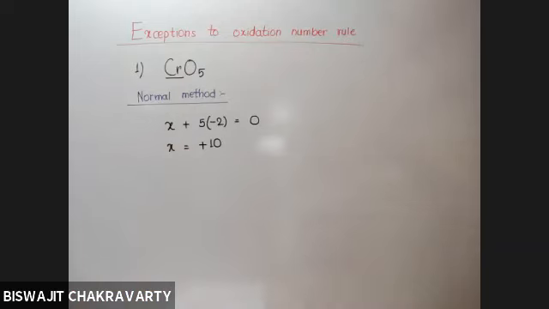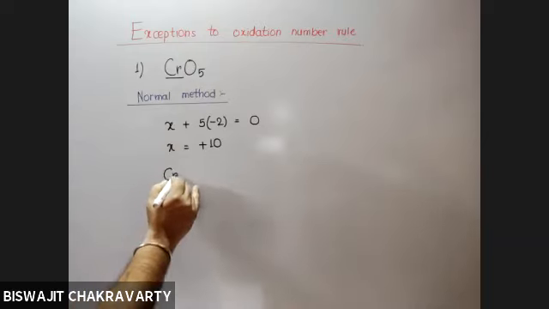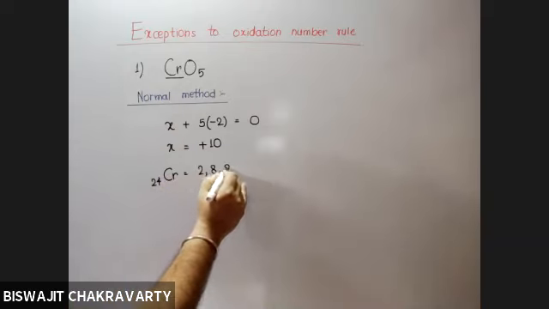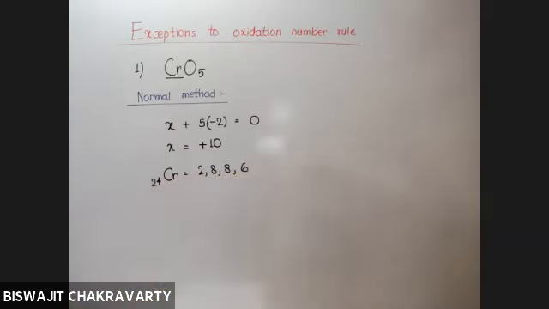Okay. Now let us see, is it possible for chromium to accept this value of +10? Is it in a position to lose 10 electrons? Chromium, whose atomic number is 24, has configuration 2, 8, 8, 6, isn't it? Yes, sir.